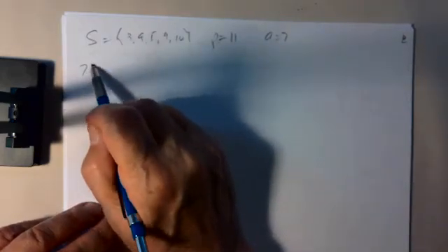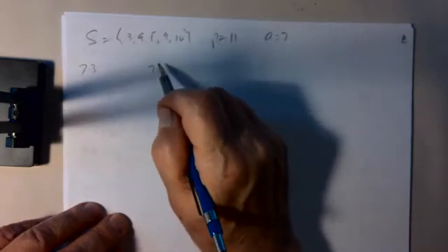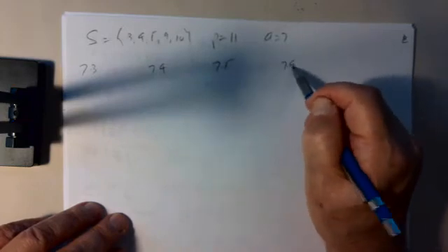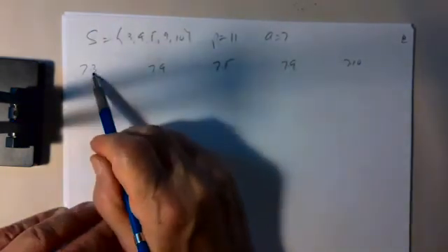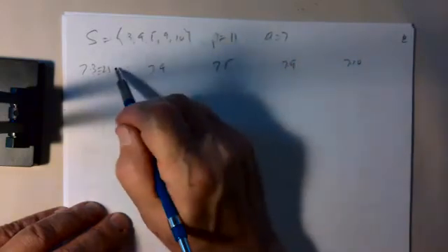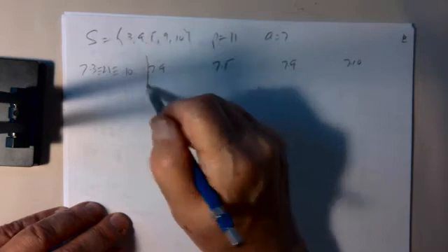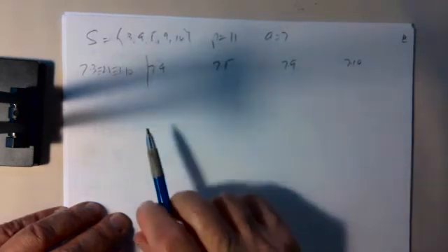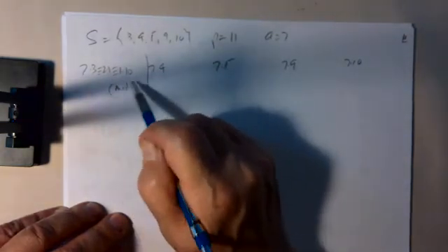So we have to look at 7 times 3, 7 times 4, 7 times 5, 7 times 9, and 7 times 10. 7 times 3 is 21. 21 is the same as 10 mod 11. 10 is in the set. That's 1 times 10 mod 11. Everything is mod 11.